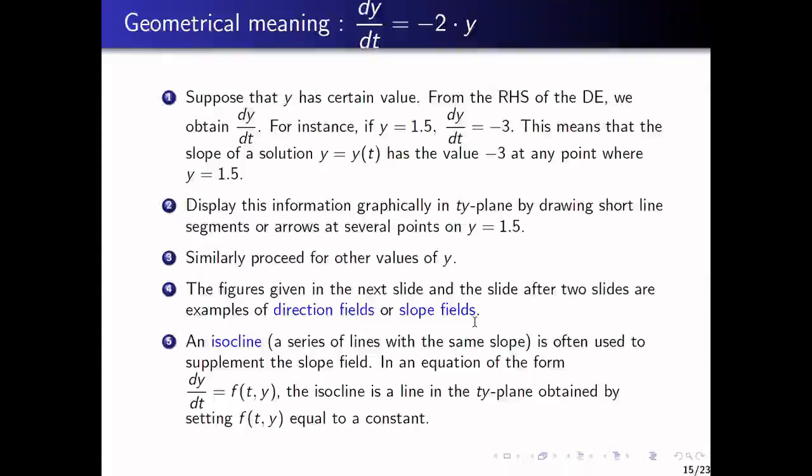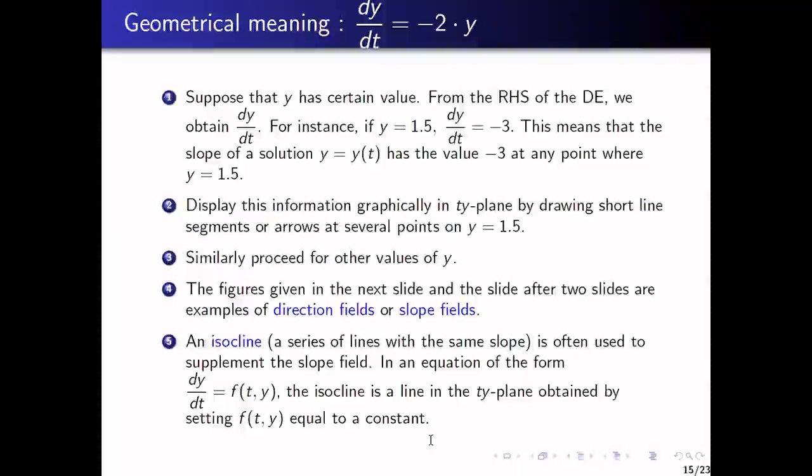Now many times along with those short arrows, we also draw a series of lines along which the arrows have the same slopes. These are called isoclines. Isoclines, a series of lines with the same slope, are often used to supplement the slope field or direction field. So in an equation of the form dy/dt = f(t, y), the isocline is a line in the ty plane obtained by setting f(t, y) equal to a constant value.